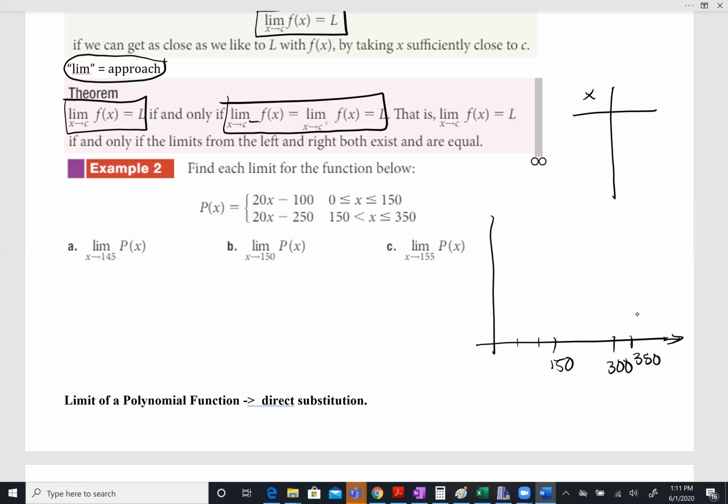So here's x, and then p(x) equal to 20x minus 100, and then I will have some values such as, let's say, 0, and let's say 145, let's say 150, and the next one is 155.